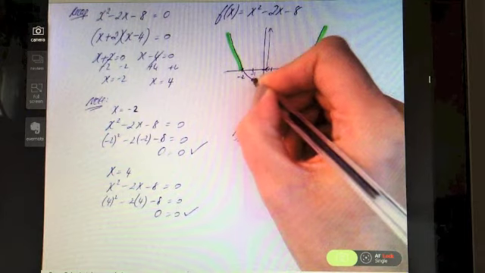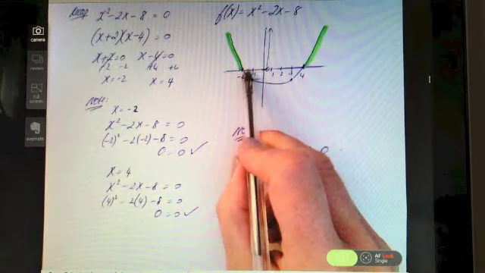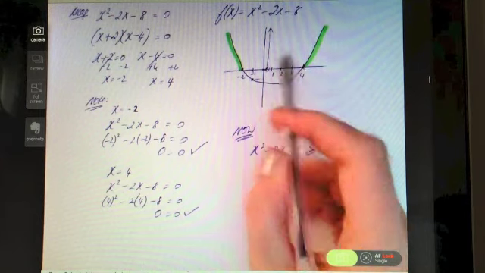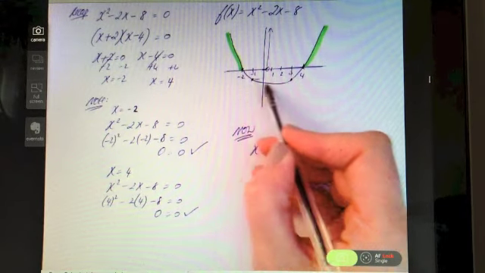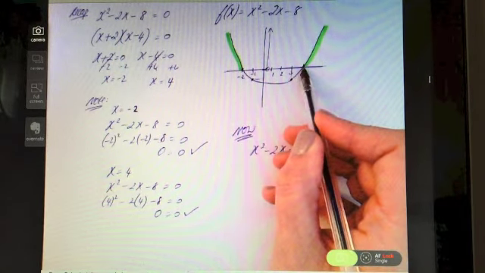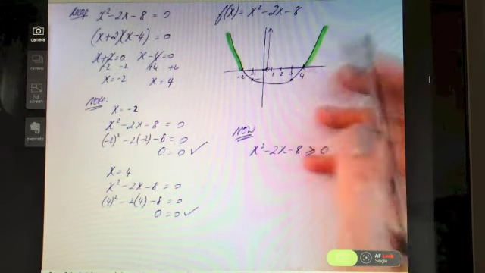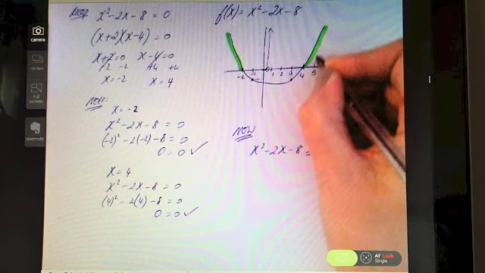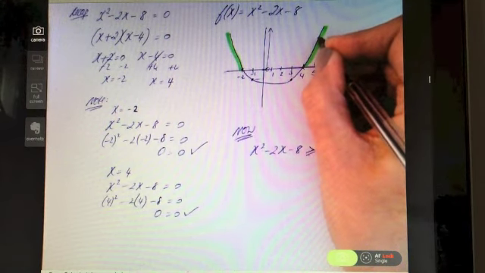Again, that's not what I want. So these values in between minus 2 and 4 give the parts below 0. But, for example, when x is 5, the corresponding y value would be up here.